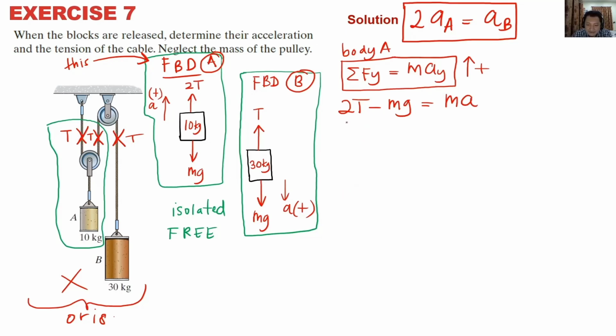So simplify. 2T minus 10 kali 9.81 sama dengan 10 kali AA lah actually, because you are looking at block A. So if we simplify a bit, dia jadi 2T tolak 10 AA equals 98.1 lah, 98.1.